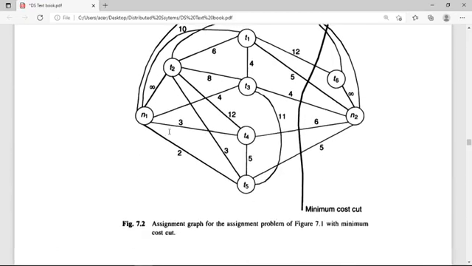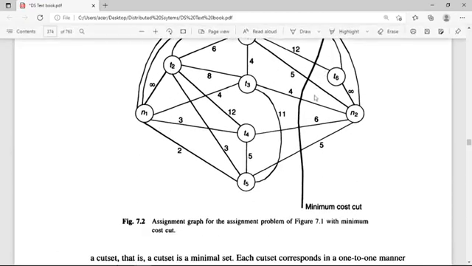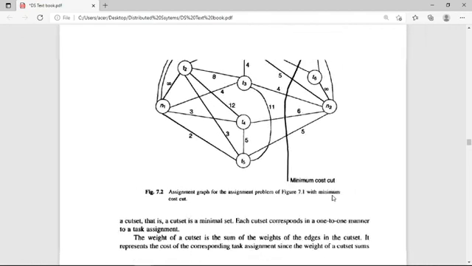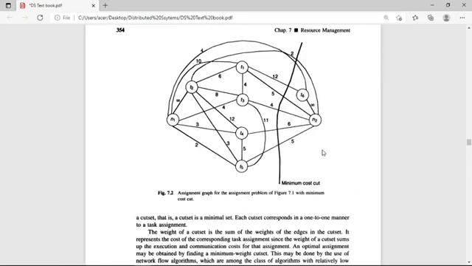This one broad line is there. This is the minimum cut set, so that every task can reach its node. Each cut set corresponds in a one-to-one manner to an assignment. So for this purpose, we take the minimum weight cut set. An optimal assignment may be obtained by finding the minimum weight cut set.